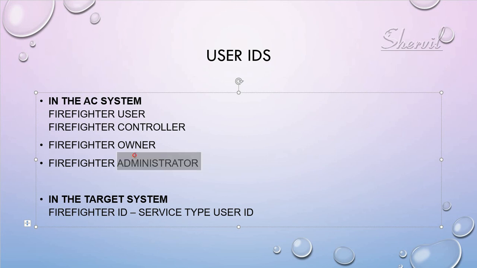So when a firefighter user uses the firefighter IDs for emergency purposes, they also have to specify the reason why they are using the firefighter access or the emergency access, right? So the administrators will have to create and maintain reason codes depending on the situations or normal scenarios, according to the company policies.